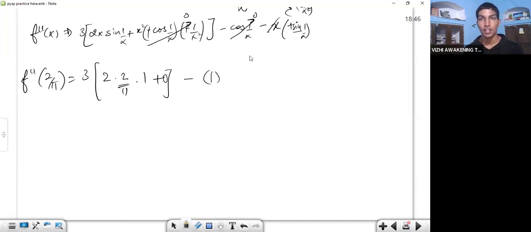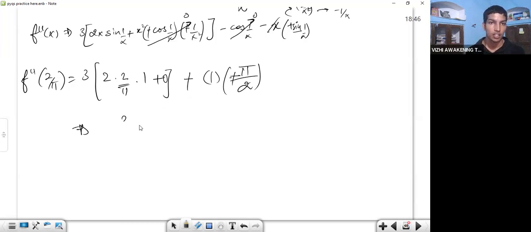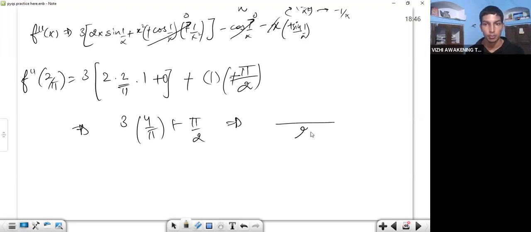So this is 1 into minus of minus 1 by x, which is pi by 2. Minus minus becomes plus. So 3 into 4 by pi plus pi by 2, LCM 2 pi: 3 into 4 is 12, 12 into 2 is 24, plus pi square.